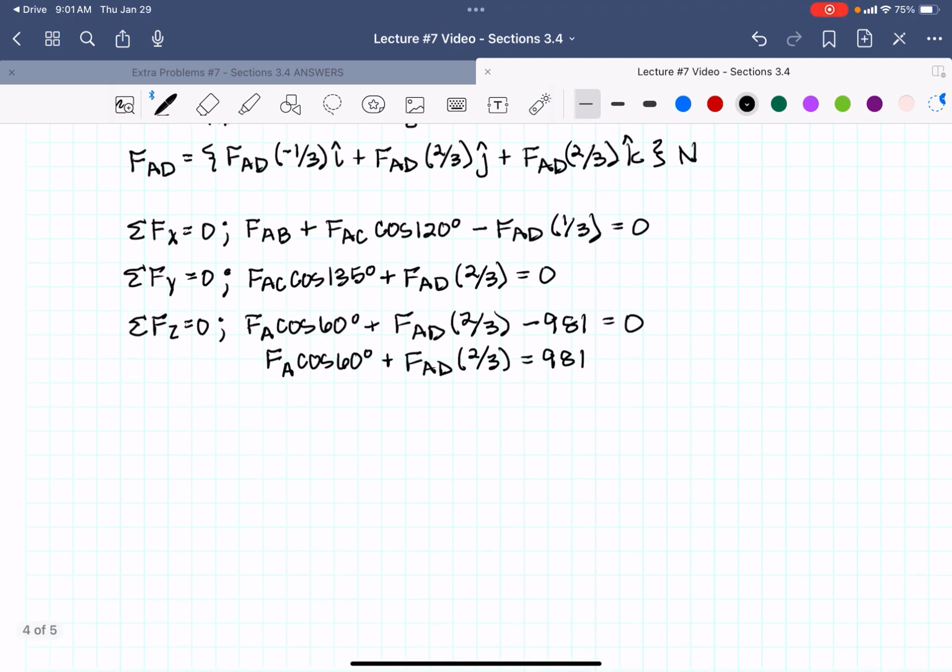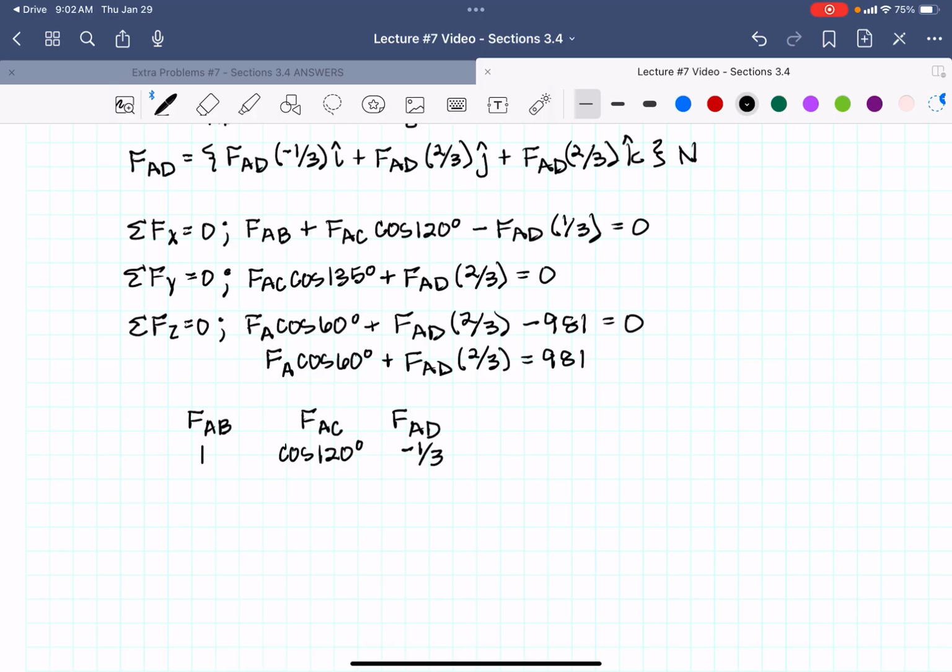Now I'm going to make my matrix. So I'm going to label on top so I know which magnitudes I'm finding. I'm going to start with FAB, then I'm going to have FAC, I'm going to have FAD. So for my first equation, I have 1 in FAB. I have the cosine of 120 degrees for FAC. And I have negative 1/3 for FAD.